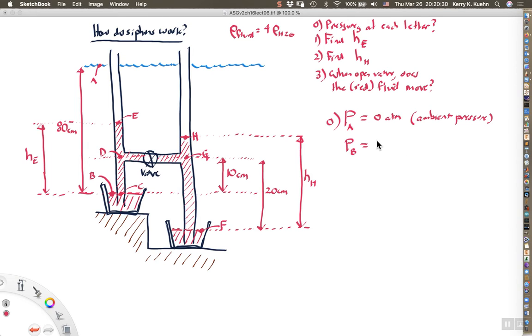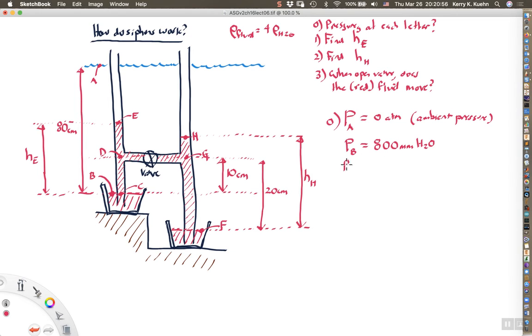So the pressure at point B is the pressure exerted by an 80 centimeter column of water, or let's just say 800 millimeters of water. Down here, the pressure is caused by 800 millimeters of water resting upon it. So that's going to be the pressure at point B.